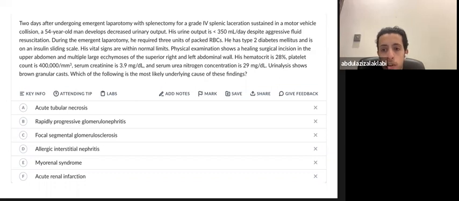Brown granular casts, what is the question asking? I didn't understand the question.